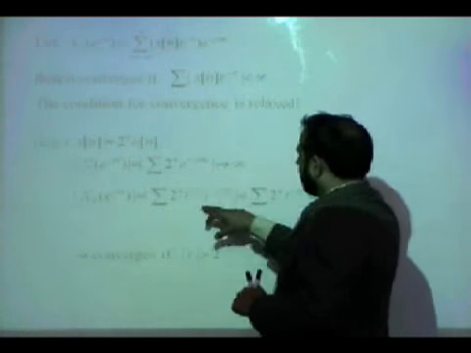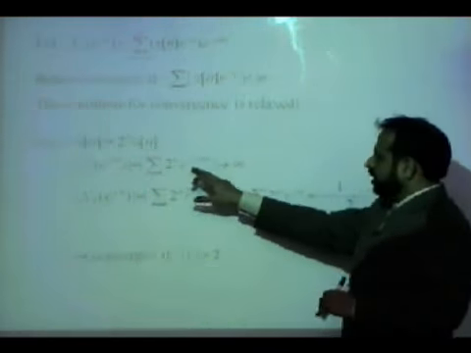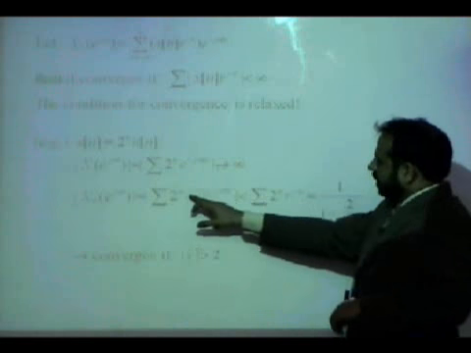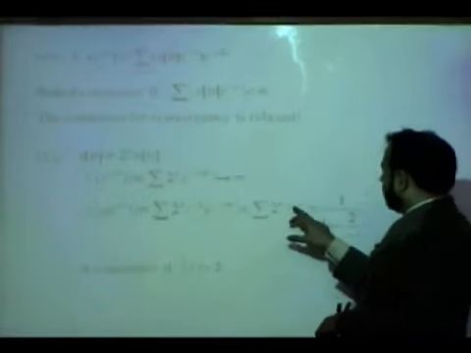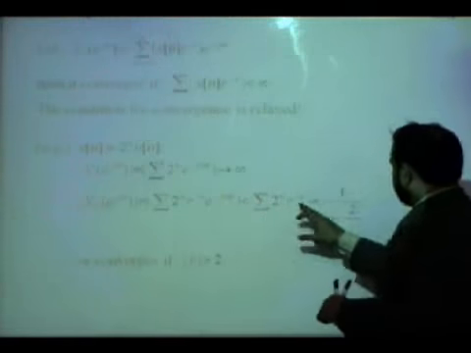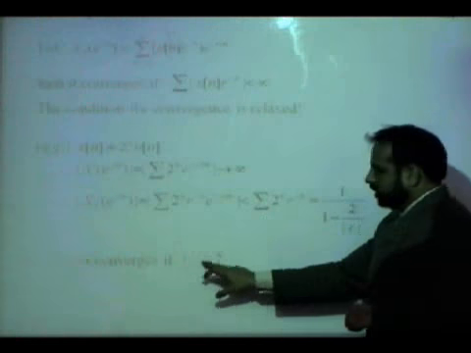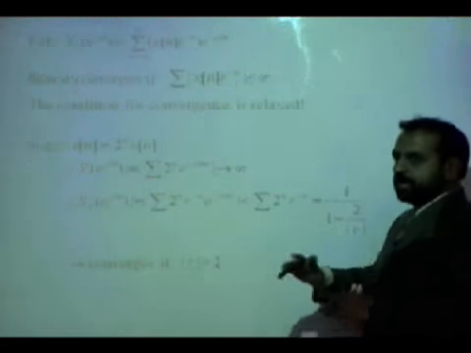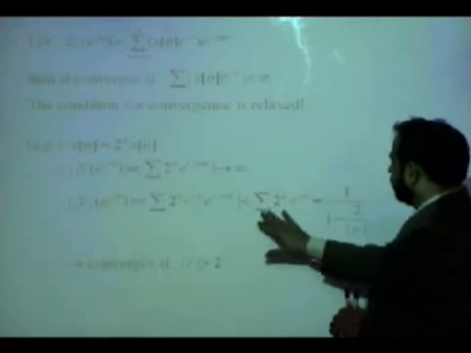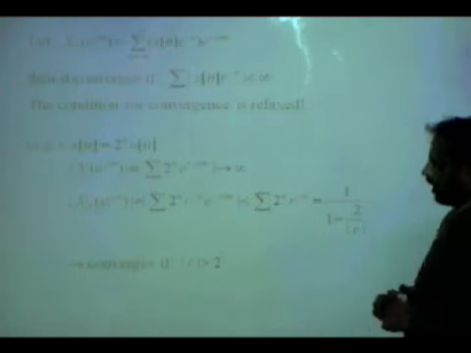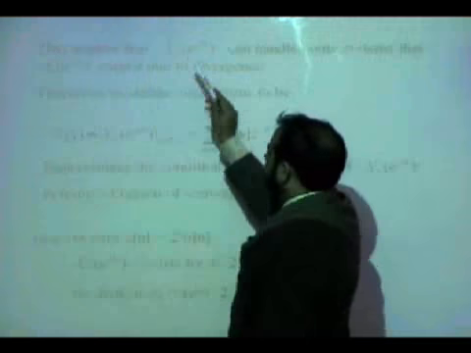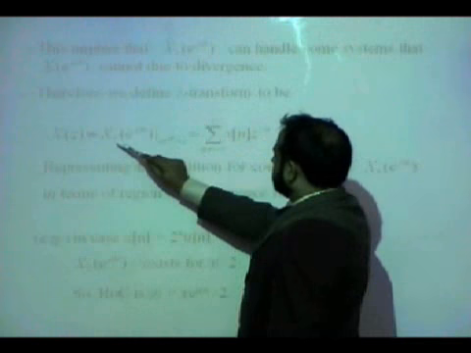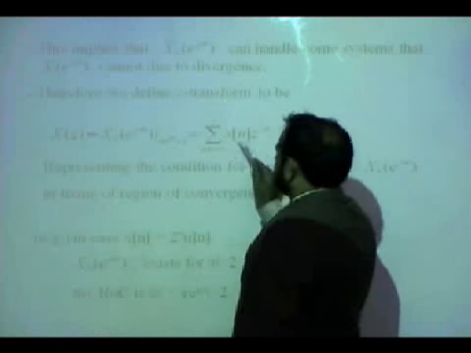You cannot calculate the Fourier transform, but by an appropriate value of r, greater than 2, you can make it converge. So r greater than 2, you can actually compute the Z transform, which introduces a factor r.